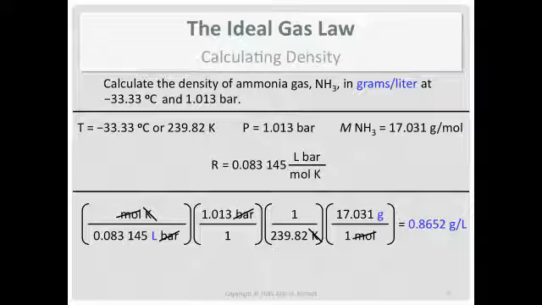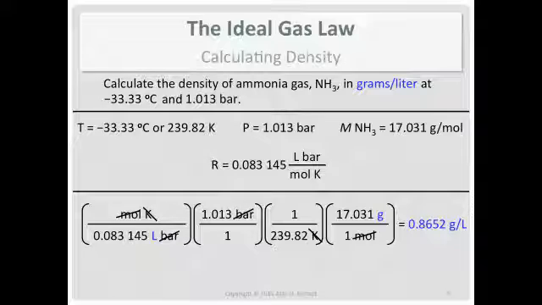But the way I remember it is liquids, water, 1 gram per milliliter, gases, maybe 1 gram per liter. And it doesn't work that way all the time, but it's at least a reasonable quick check. And 4 significant figures because of the 1.013 bar.